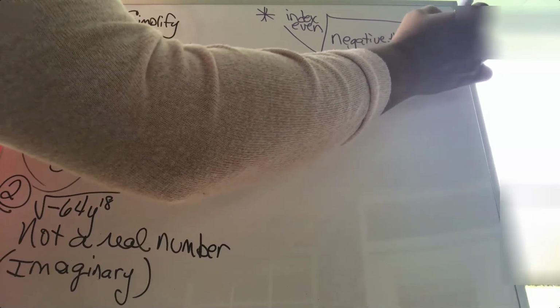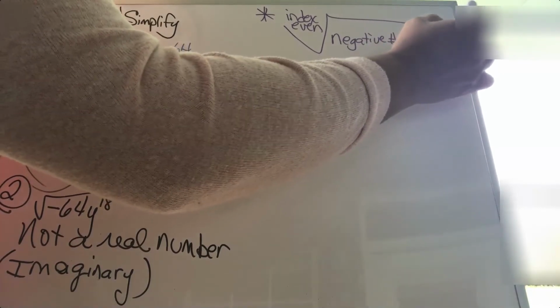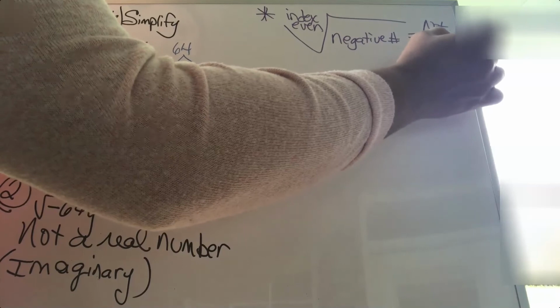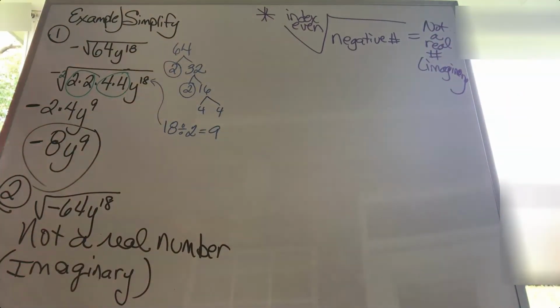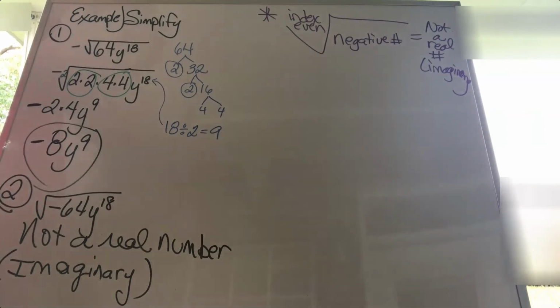That's when we say not a real number. And we're saying that until we're able to learn how to clean this up. Once we know how to clean this up, we're going to go ahead and clean it up.